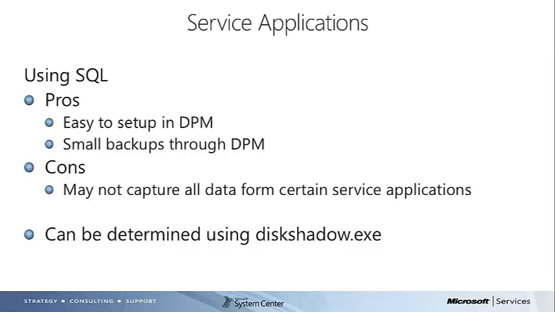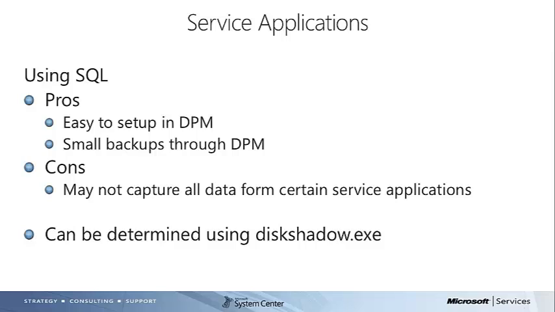The other one is to back up the database and then determine what other files or what other components are required to have that backed up. So for instance, if you are creating your own service application, or you have purchased a third-party service app which is just a database, or maybe just a database and files, then there's a couple of ways to look at how you could set that up.